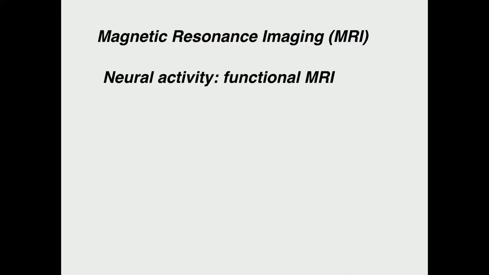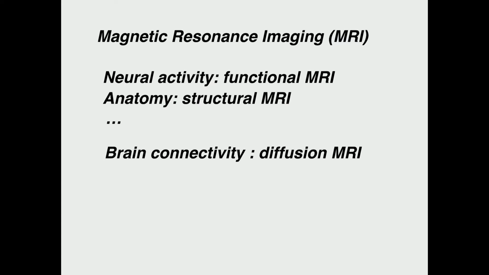And MRI can be used to measure many different kinds of things. You can measure some kind of estimate of neural activity using what's called functional MRI. You can measure the anatomy of the brain, the structure that I showed you on the outside there, using what we call maybe structural MRI. And there are many other things you can measure with MRI. Today's talk, I'll be focusing on measurements of connectivity using what we call diffusion MRI.